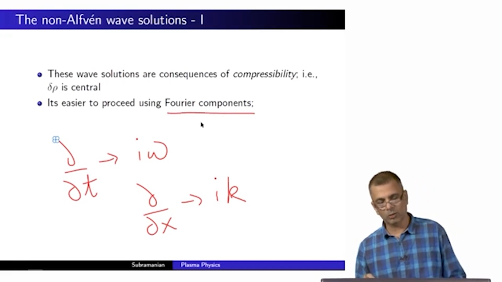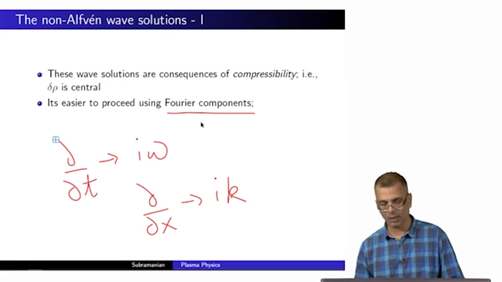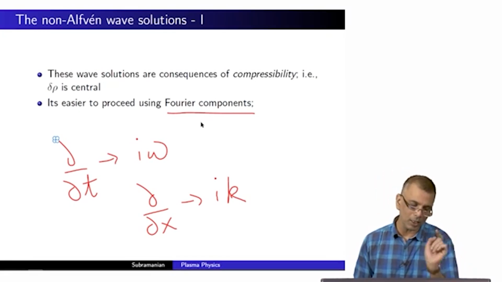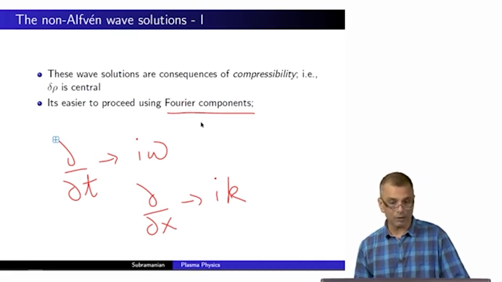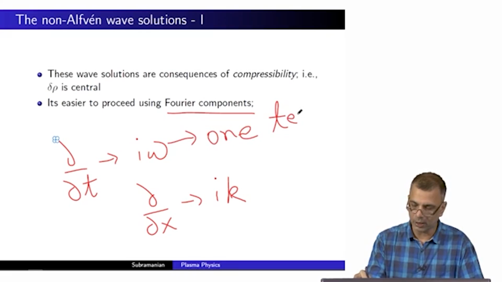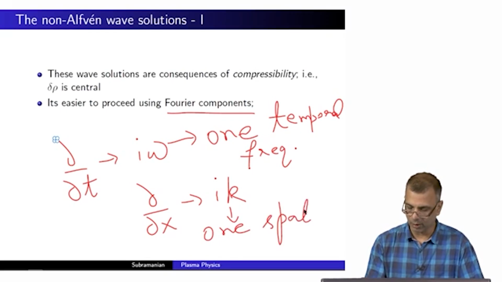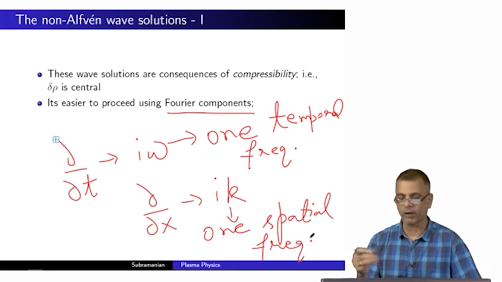Okay, so instead of the differential equations, you'll get algebraic equations, and the only slight disadvantage there is that you will be dealing only with one temporal frequency and one spatial frequency, or spatial wave number.